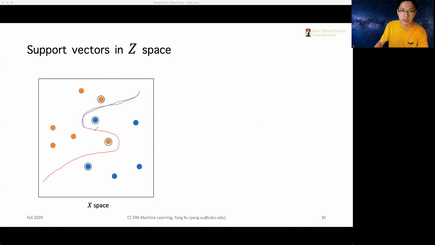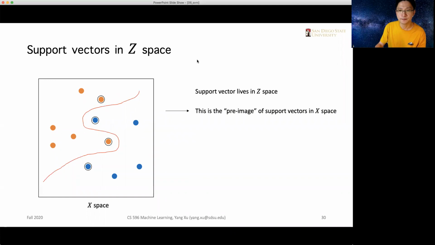It may look like this, and in the sense of a decision boundary, this one may not look like a boundary that maximizes the distances between the support vectors. So these vectors are not the support vectors in x space, but actually the support vectors in z space. And that's something I want to emphasize here.